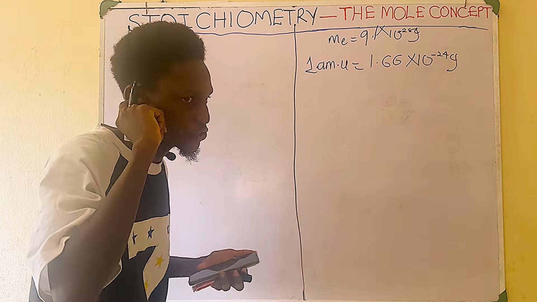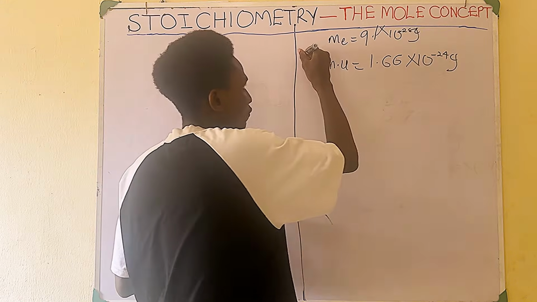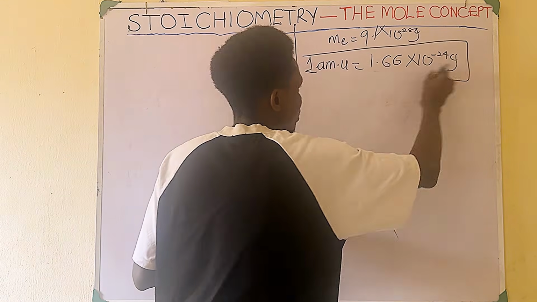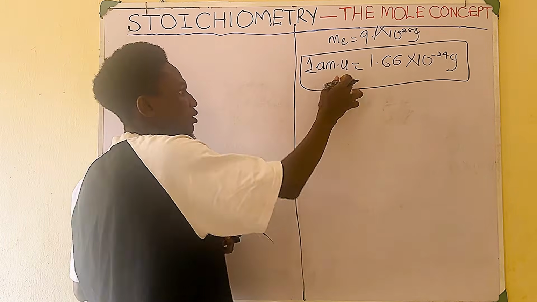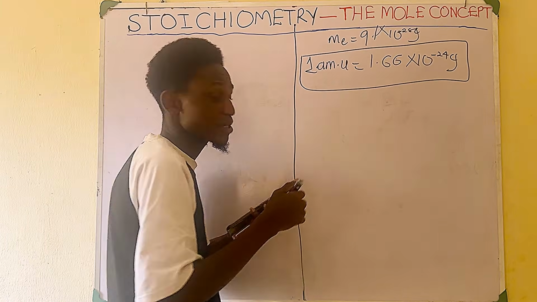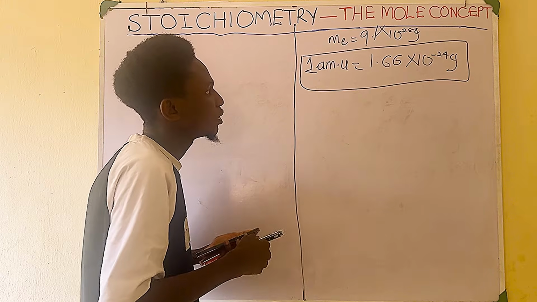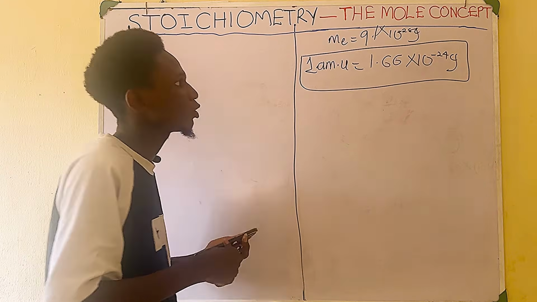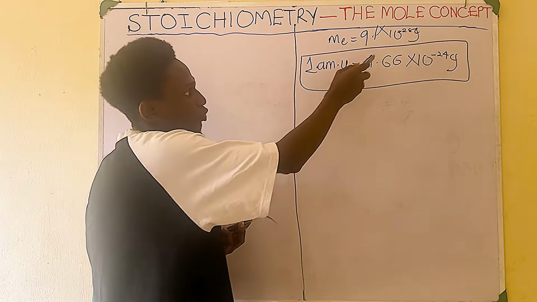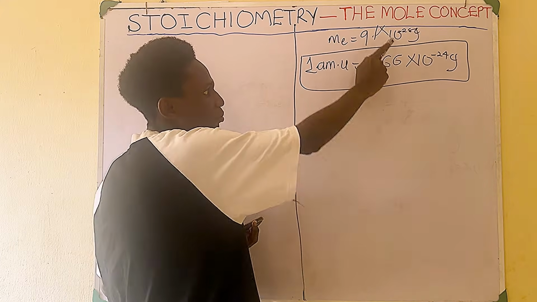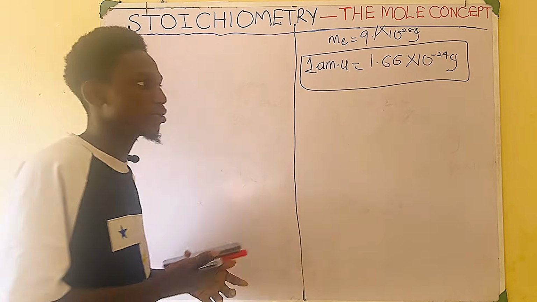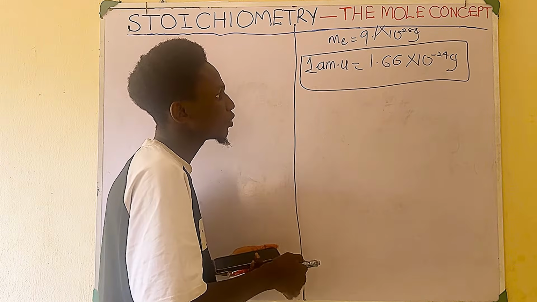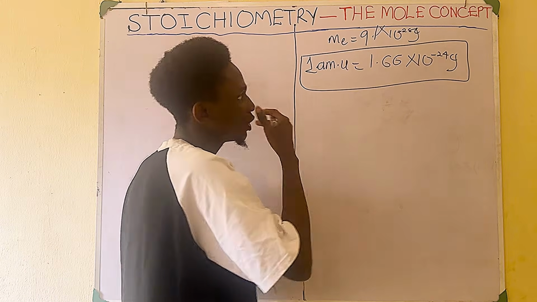Because if you see this kind of question in your exam and you don't know this, you'll fail the question. And some exams may not give you the unit. So it equals 1.66 times 10 to the power minus 24 grams. Now, if you look for the mass of the electron in atomic mass units, since we know this relationship, and I taught you earlier on the relationship method.